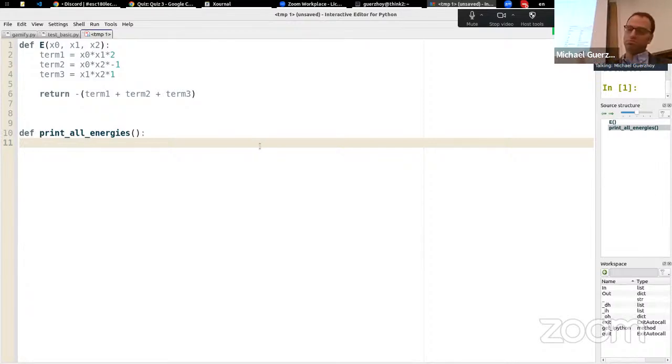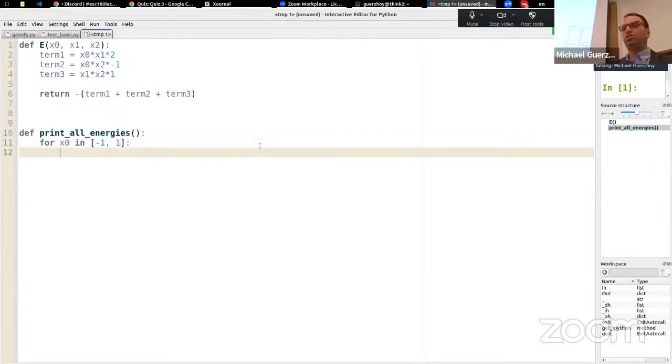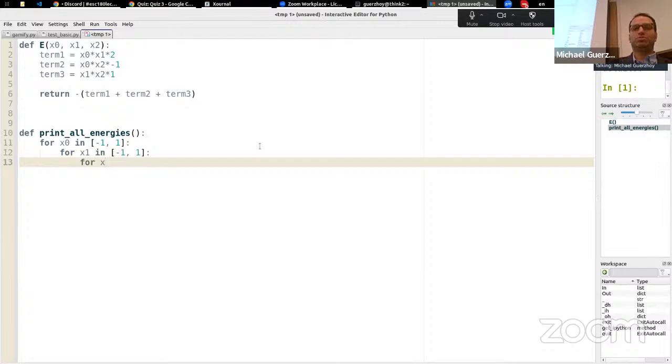How do we do it? What we did last time, right? We say for x0 in -1, 1. The notation, this is a list, right? So x0 is -1, and then x0 is 1. It's not like an interval. And then for x1, also in -1, 1, and for x2, also in -1, 1.